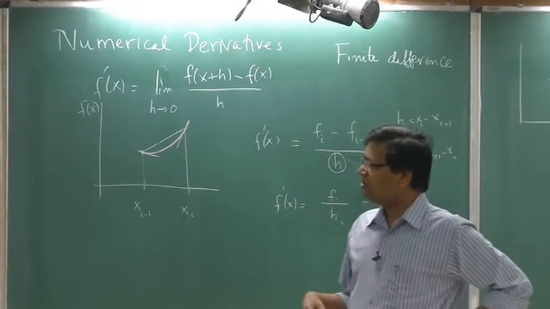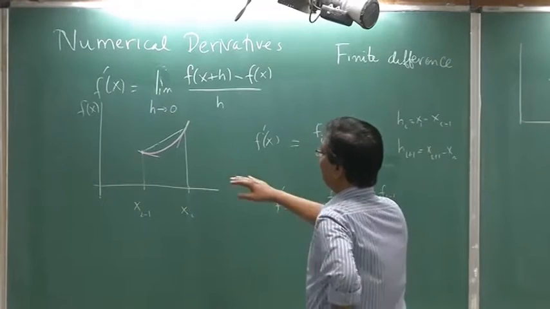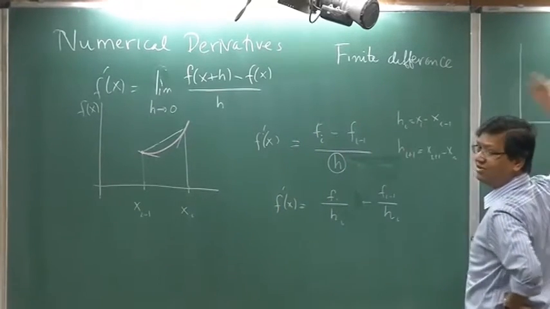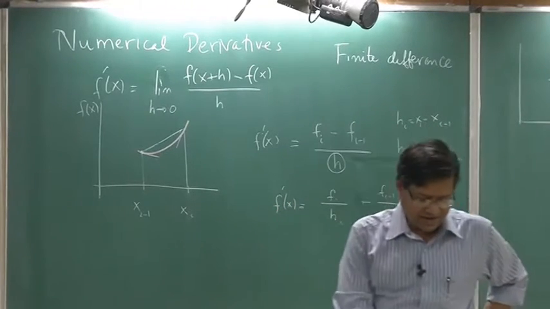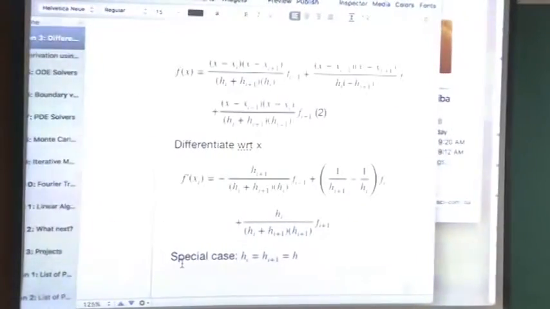Now I want to do better. Now this formula, as I said, is good for a linear function, but I want to work out a function like this or even higher order polynomials. Then I can look at a higher order Legendre polynomial. So I have 3 points.